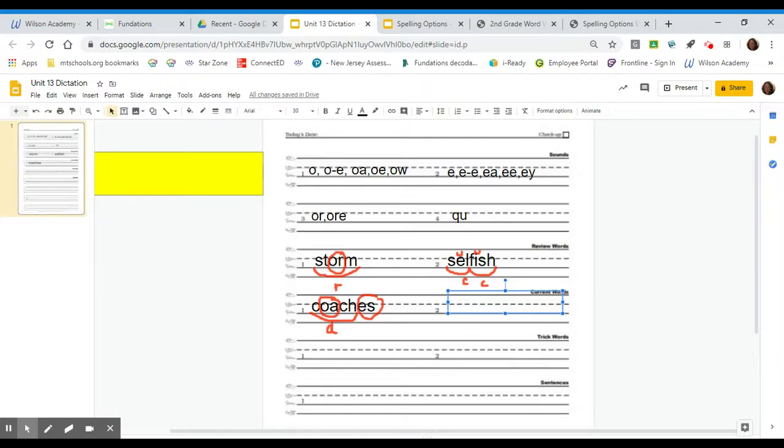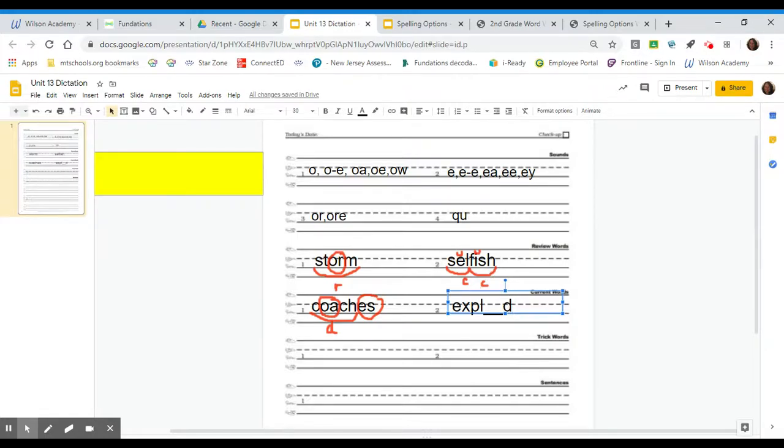Next current word, please be my echo. Explode, explode. Okay, you can tap out those syllables. Explode. X, E L. Spelling option. I hear the O sound. Now, there are a few different options.